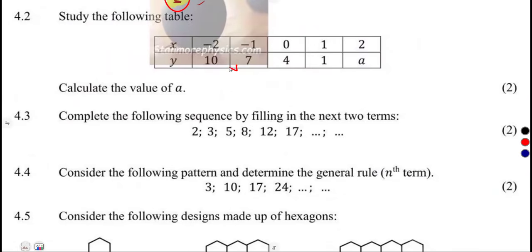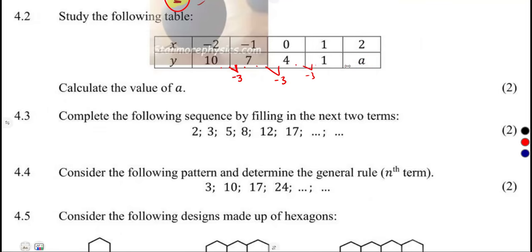Here we check the differences between these two. 7 minus 10, that is -3. 4 minus 7, minus 3. 1 minus 4, minus 3. You can see there's a difference of -3, -3, -3 throughout.